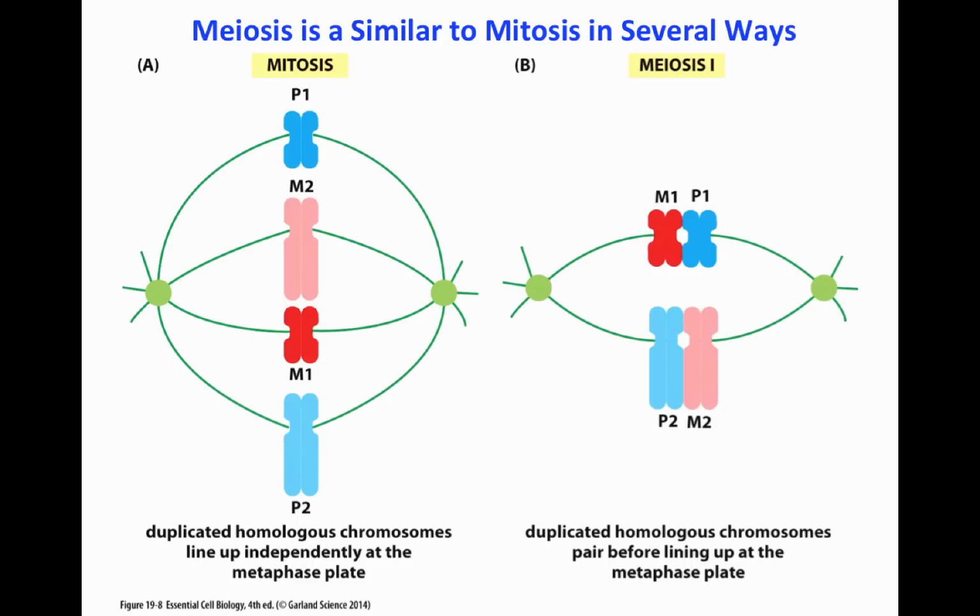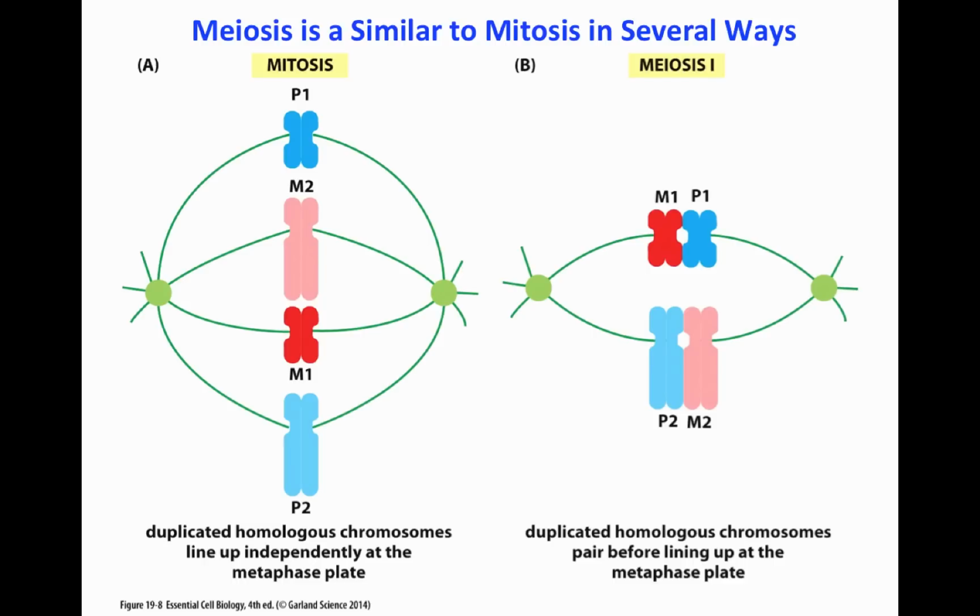However, during the first division in meiosis, the duplicated homologous chromosomes pair and then they align. So the maternal 1 and paternal 1 chromosomes pair together, and the paternal 2 and the maternal 2 chromosomes pair together. And therefore, when anaphase happens during mitosis, each daughter cell will inherit a sister chromatid from each of the paternal and maternal pairs.